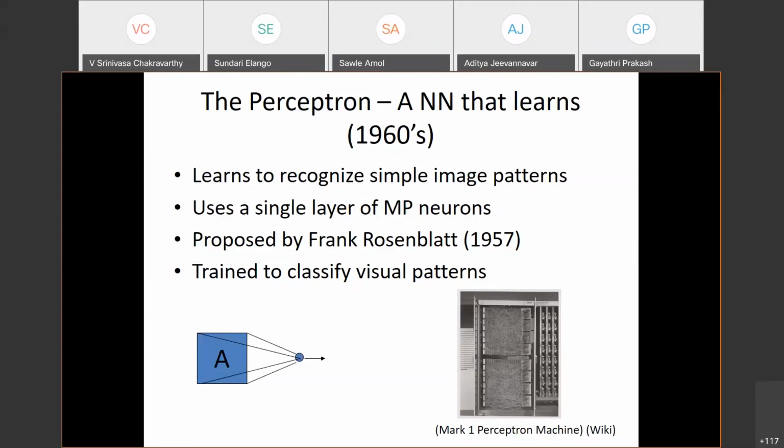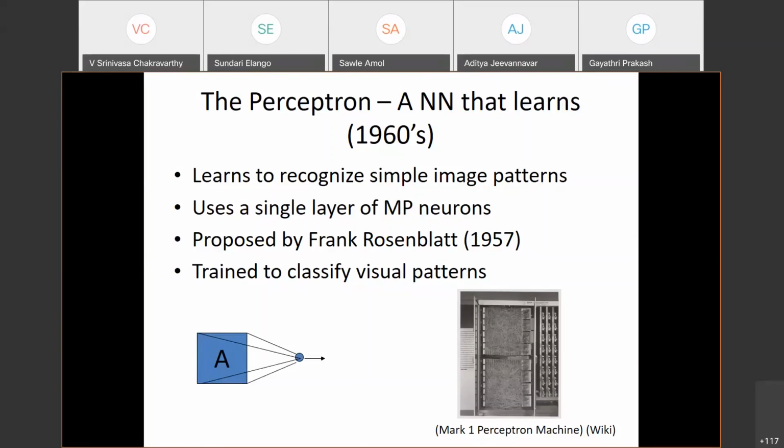That thinking led to the creation of something called a perceptron, which was proposed by Frank Rosenblatt in 1957, but became popular in the 60s. These are small networks made up of the same McCulloch and Pitts neuron models, and they could be trained to recognize some visual patterns.